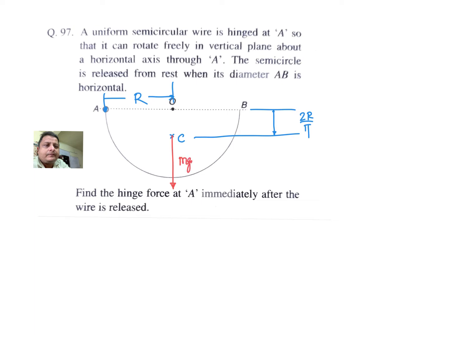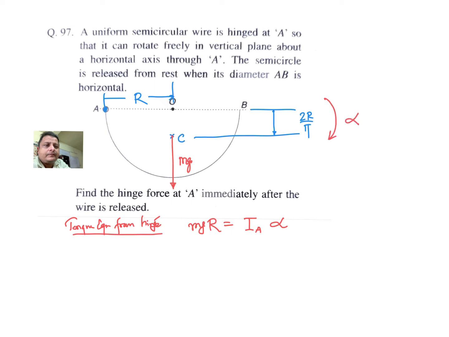So we will apply the torque equation from the hinge, which will give mg multiplied by r is equal to I about A times alpha. Alpha is the angular acceleration, which is in this clockwise sense, obviously.